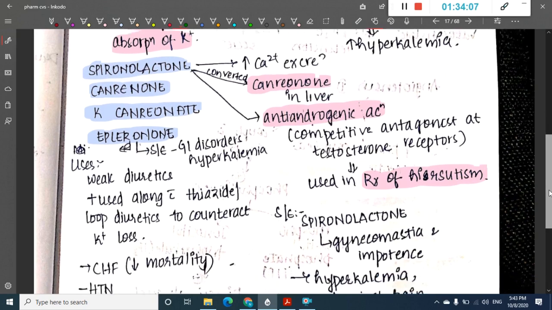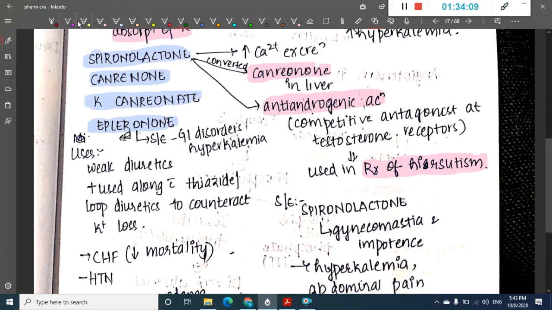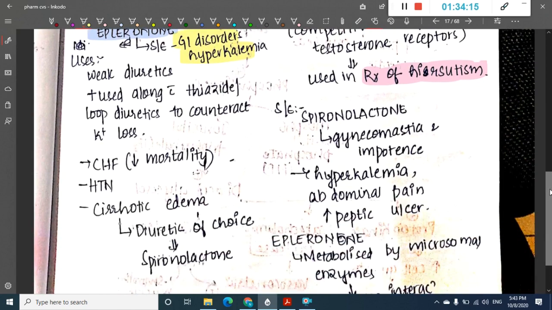Eplerenone causes side effects of hyperkalemia and GI disorders. So what are the uses of these drugs? These are weak diuretics, so they should always be used along with either thiazide diuretics or loop diuretics, in order to counteract the potassium loss.